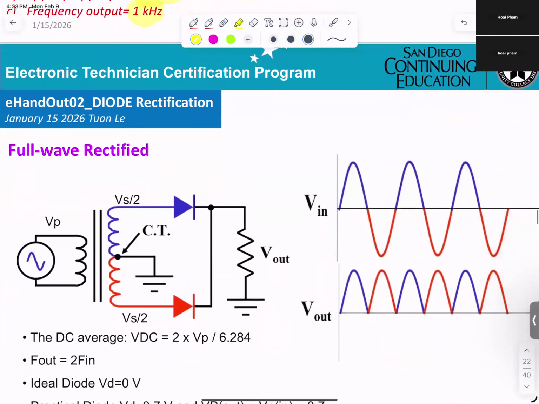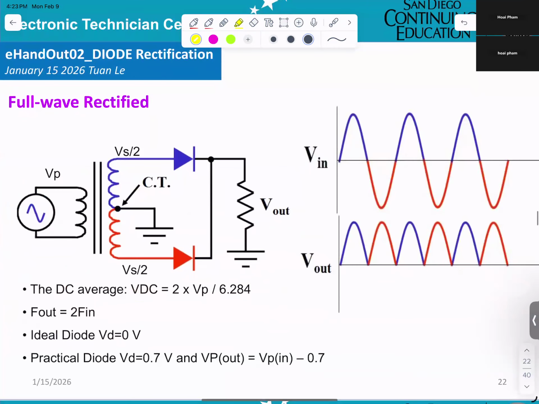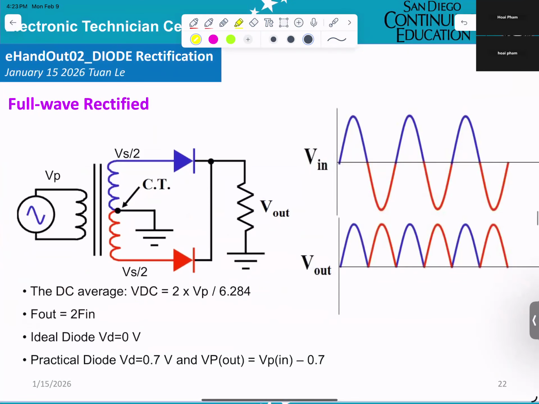That's for the transformer. Now, that one: full wave rectifier. What does that mean? You get the input here, positive, negative.